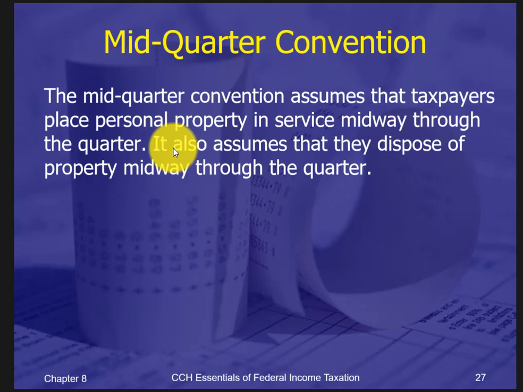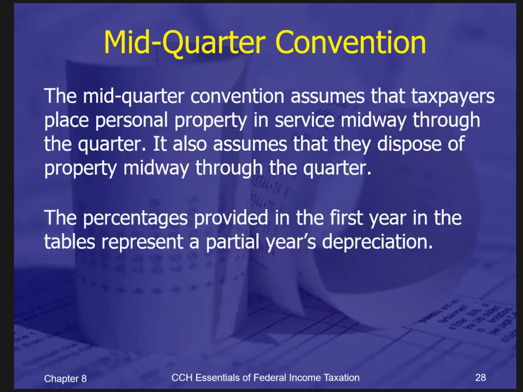Now, that's not as nice and clear as doing everything in the middle of the year. So we don't really like this convention. It makes for a lot more work, and it identifies each asset in the quarter. But it is simpler than trying to figure out the depreciation based on exactly the day it was purchased or sold, for that matter.